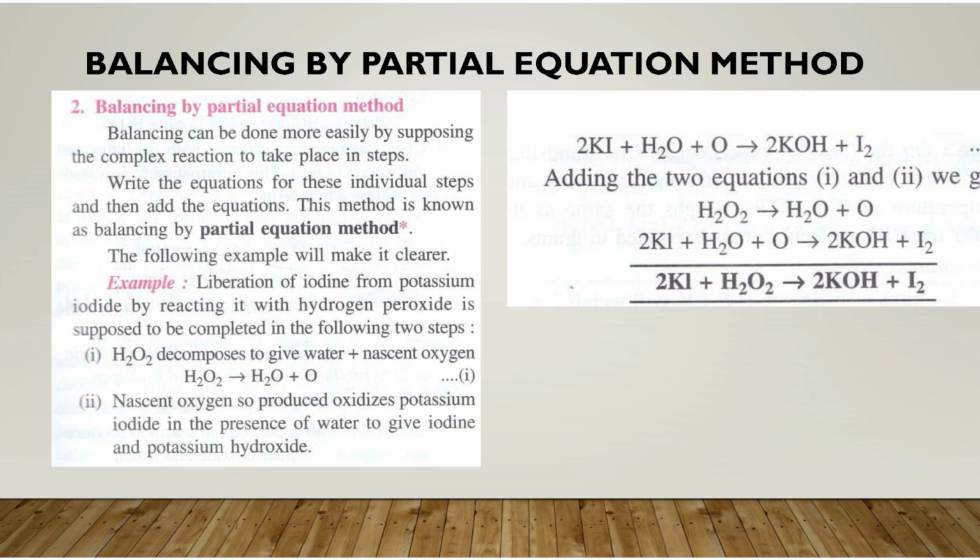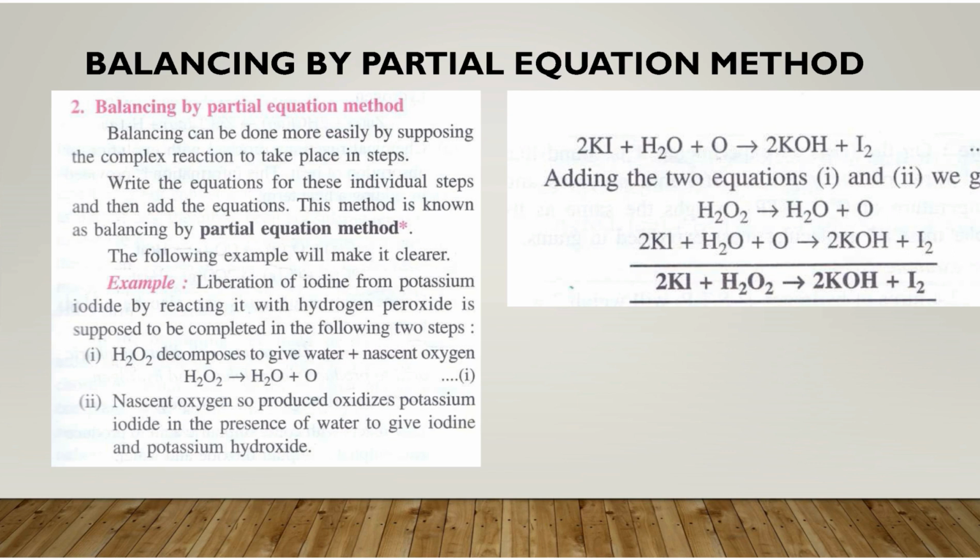You can see the first reaction is H2O2, hydrogen peroxide, giving H2O, water, plus nascent oxygen. So what is nascent oxygen? Nascent oxygen is liberated in the reaction and cannot form a covalent bond with another oxygen.